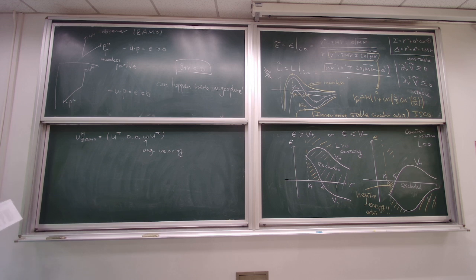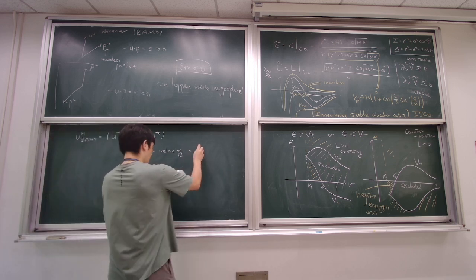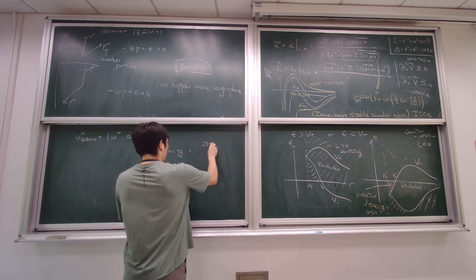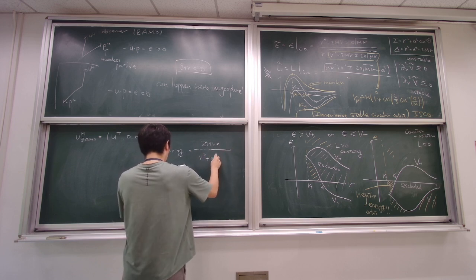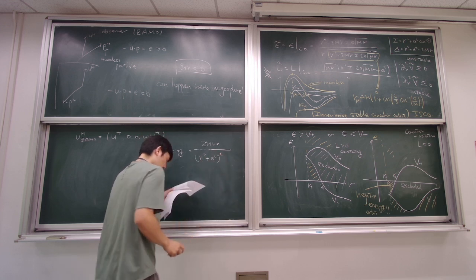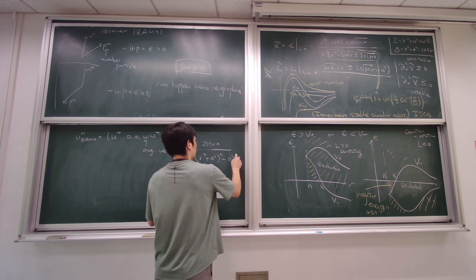If you want the explicit value, I can write it down again. Omega is equal to 2mra divided by r squared plus a squared, and then minus a squared delta.